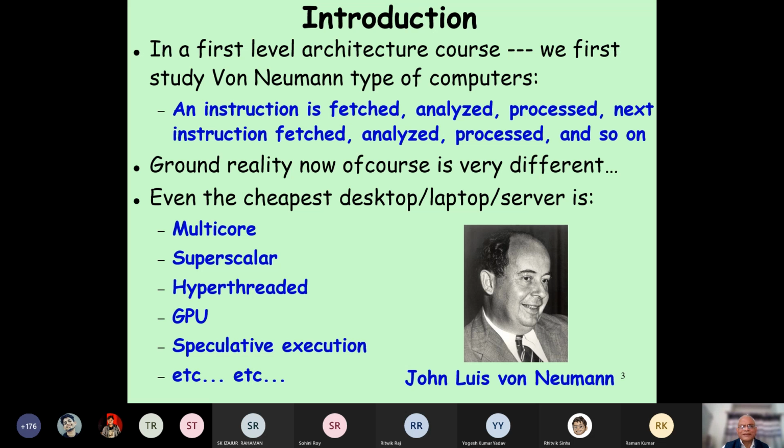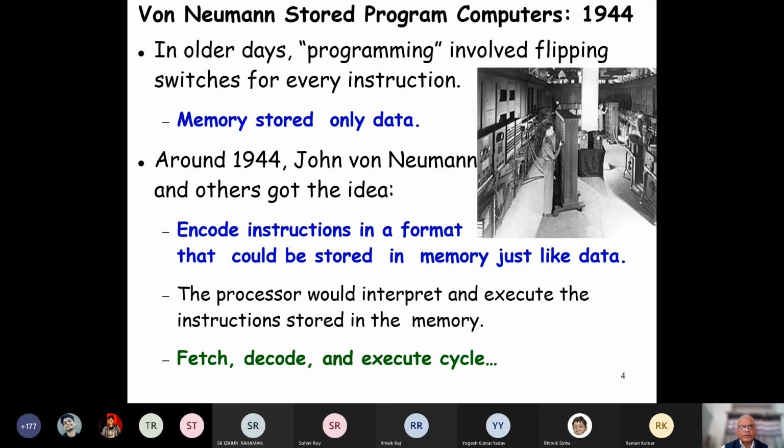A bit discouraging, isn't it? That we are discussing in this course what happened, not what is happening. But in any case, that will give you a good grounding on computers, and you will be able to appreciate multi-core, superscalar, hyper-threaded, GPU, speculative execution, memory hierarchy, and so on.